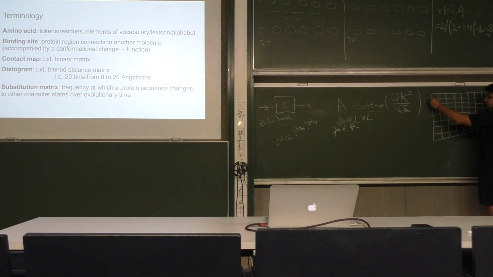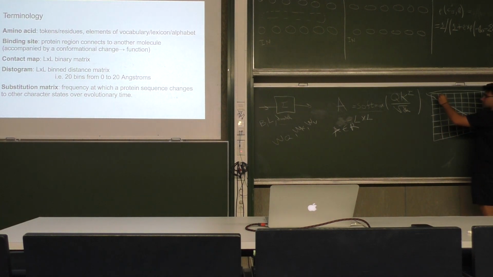And you can imagine that the distance is symmetric by definition, so we only need the upper triangular or lower triangular, because this matrix, in terms of physics, needs to be symmetric.